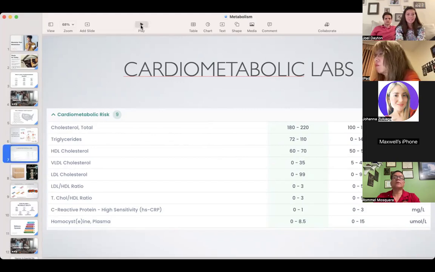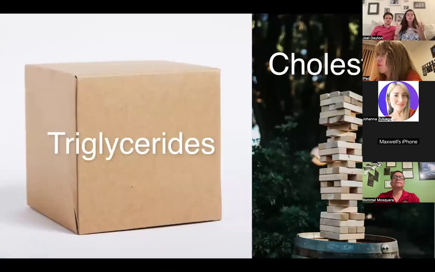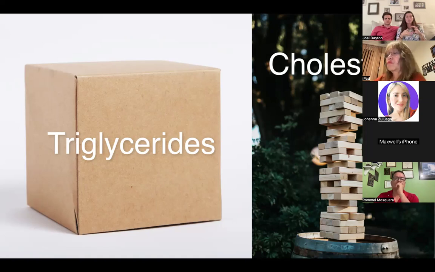So I like to create kind of an understanding of using metaphors so we can make sense of these terms, these chemicals. So triglycerides versus cholesterol. So triglycerides here, let's just think of them as packaged storages of excess energy. And that excess energy in food form is called calories, right?